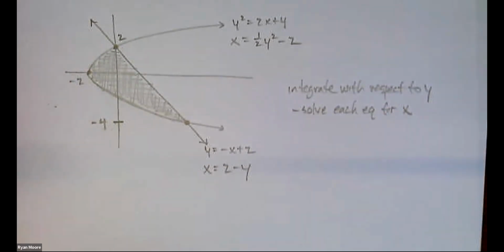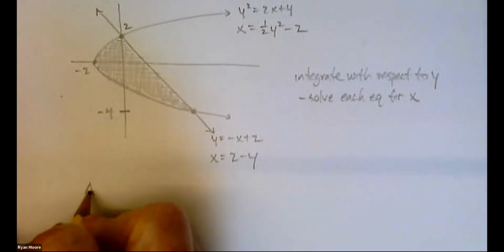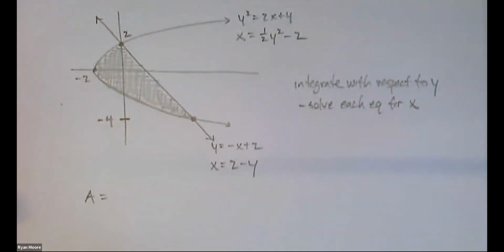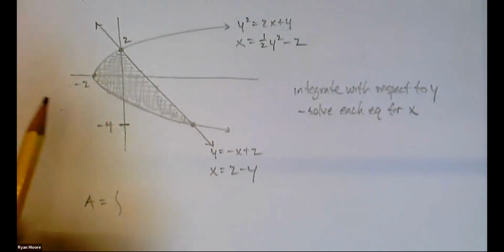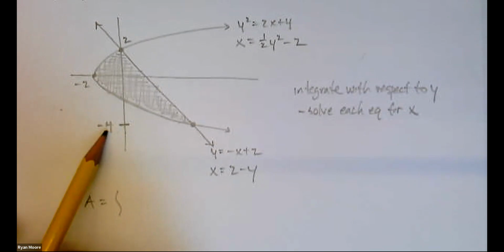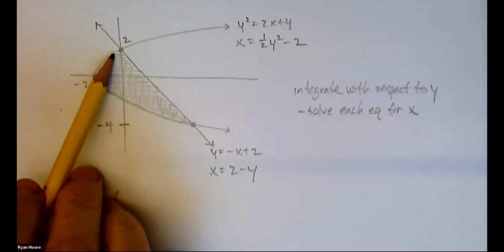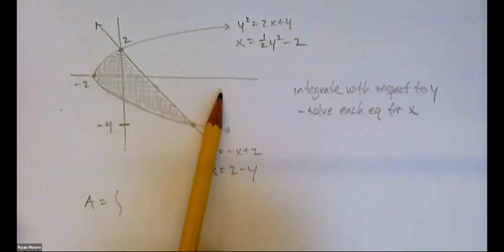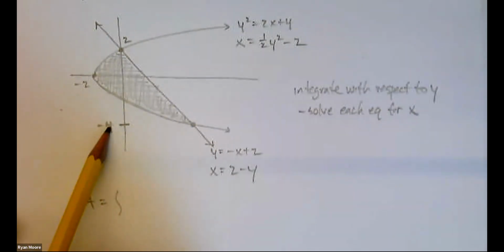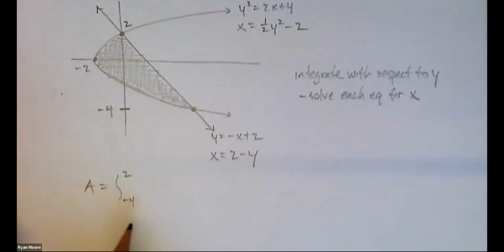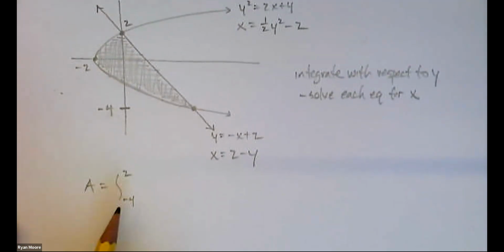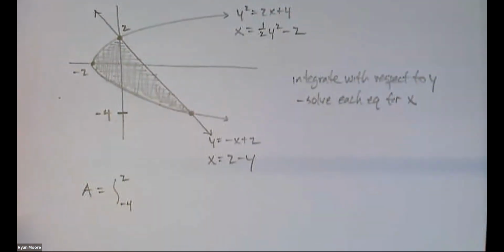Okay. Now we can go for it. The area, the integral. We're going to move the integral on the y-axis this time. When you're on the y-axis, you always go bottom to top. X-axis, it's left to right. Y-axis, bottom to top, -4 to 2. The smaller number always on bottom.